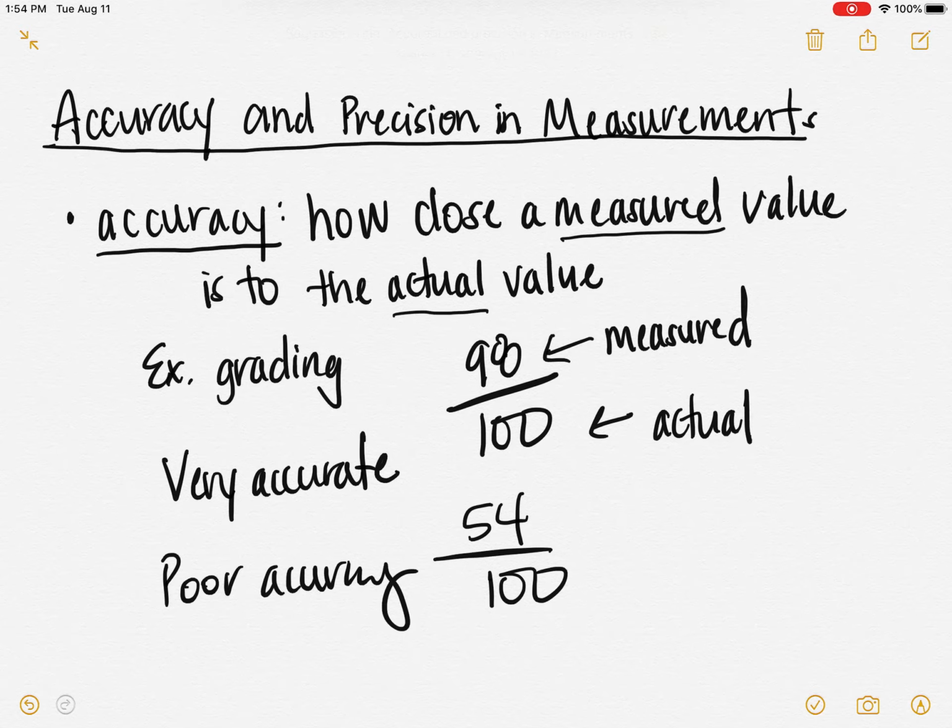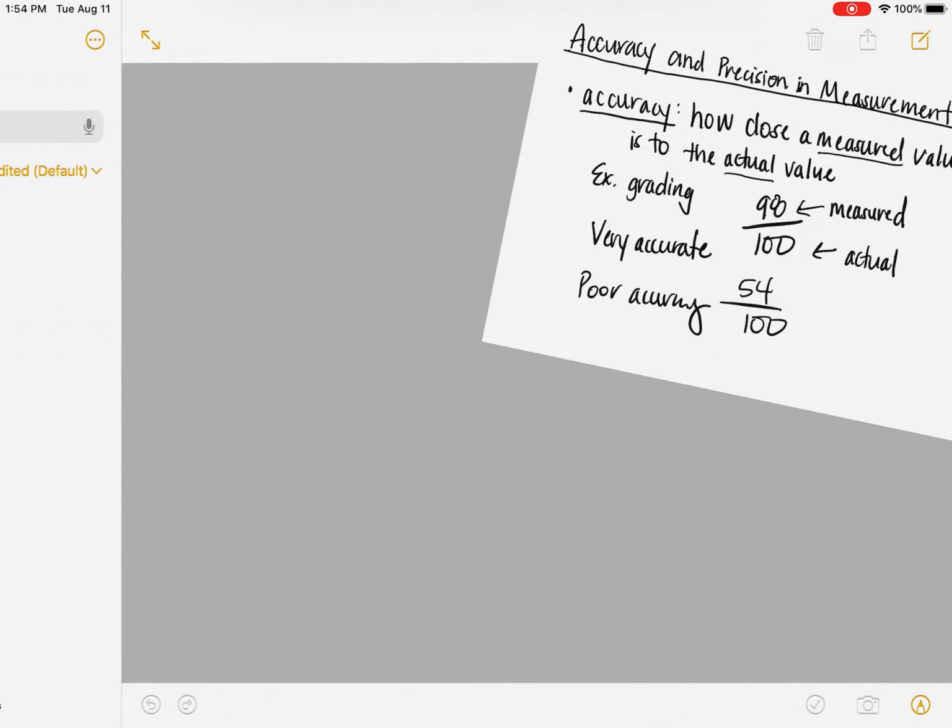So let me clear my screen and let's do a kind of chemistry example, or let's do a science example. Okay, let's say you find a thermometer in your lab drawer and you're curious as to whether or not it's working very well. Okay, so you take it outside and you leave it sit for the entire morning, let's say.